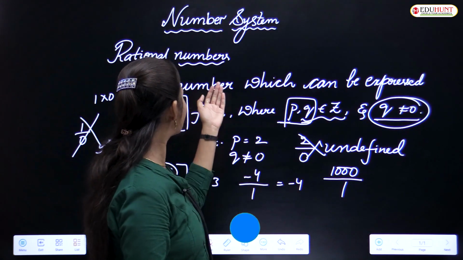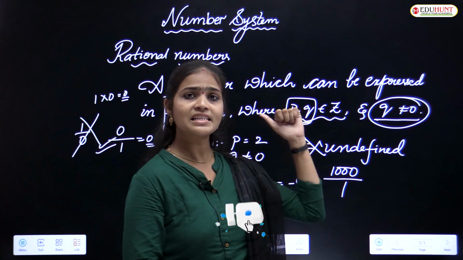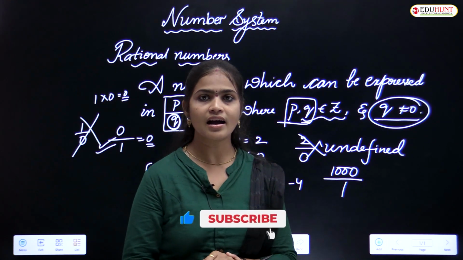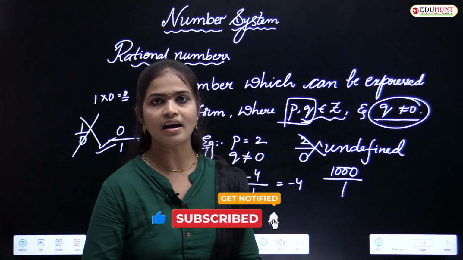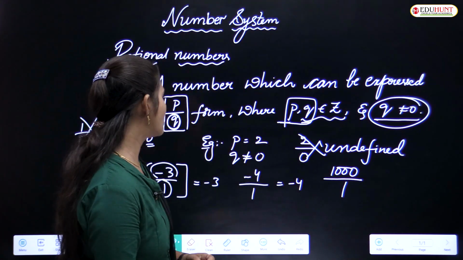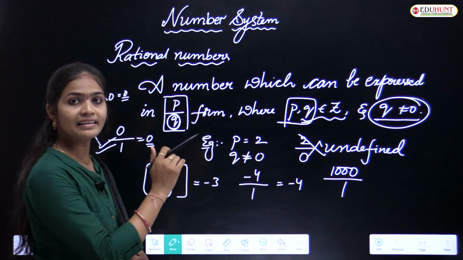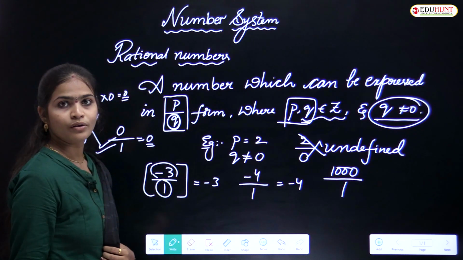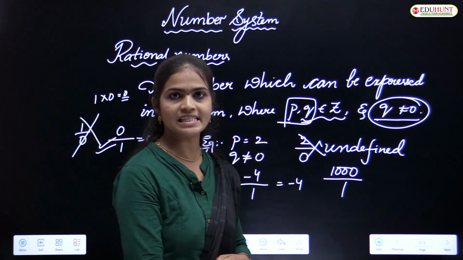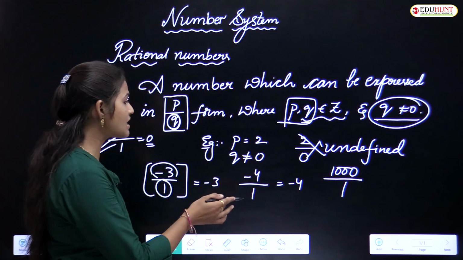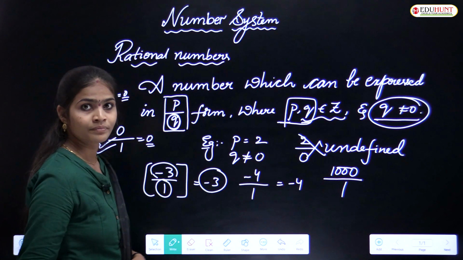Afterwards, rational numbers. Rational numbers start with which letter? R. But here we should not represent rational numbers with R. Why? Because here we are not looking at the given fraction. We can express the given number in the form of a fraction, but always we have to concentrate on the quotient.